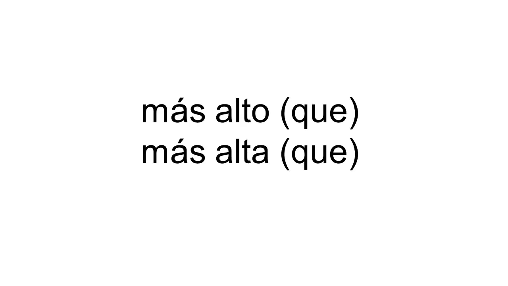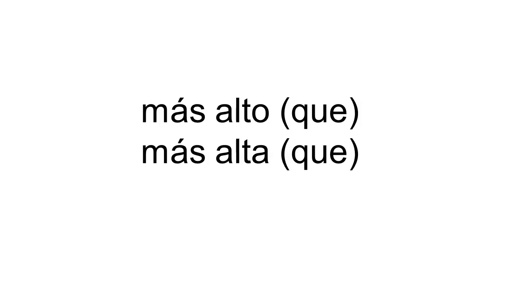How about taller? So we start with alto or alta, which is tall. Más alto que or más alta que. Or simply más alto if you're not mentioning both things that are compared, or más alta. Like, I could say, Juan es más alto. Juan is taller.